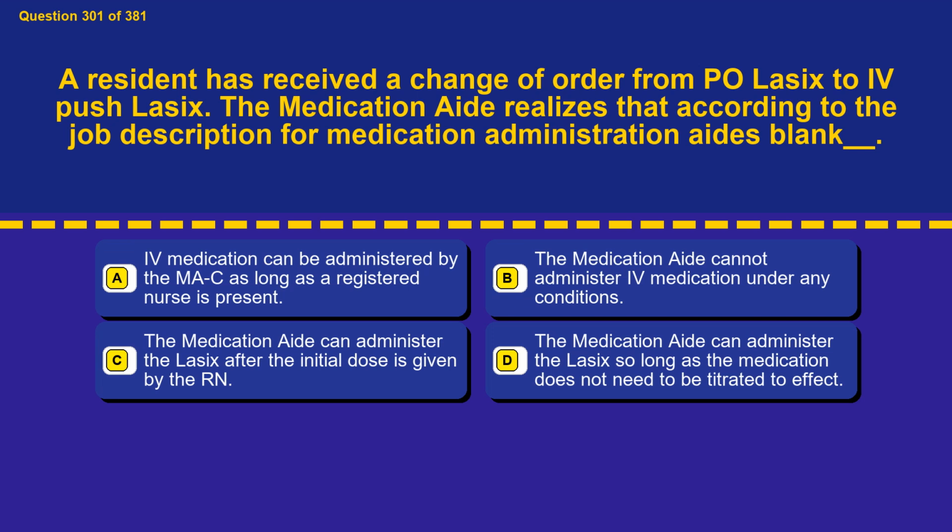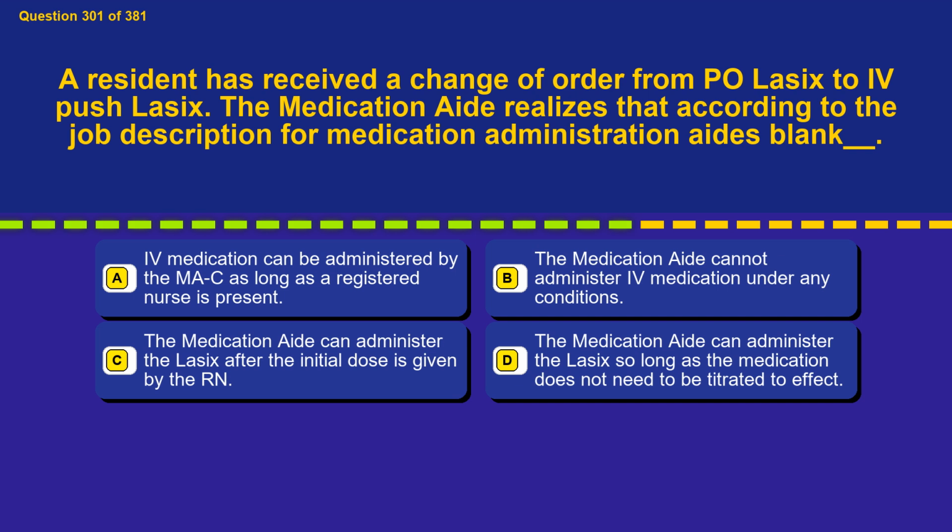Question 301. A resident has received a change of order from Lasix to IV push Lasix. The medication aide realizes that according to the job description for medication administration aides, blank. Option A, IV medication can be administered by the MASI as long as a registered nurse is present. Option B, the medication aide cannot administer IV medication under any conditions.